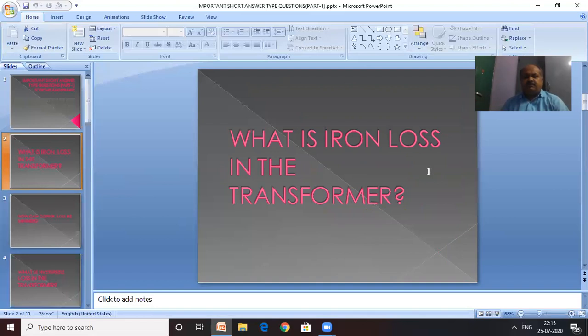When varying current flows through the primary coil, there is a continuous magnetization and demagnetization of the core, which causes induced current, eddy current, to flow through it. So due to eddy current and resistance of iron, there is a power loss, P equals I square R, which is called iron loss.